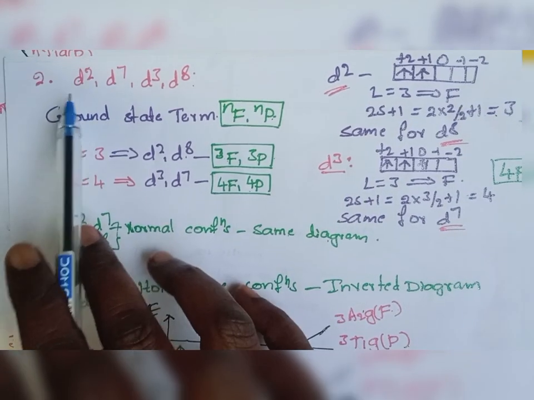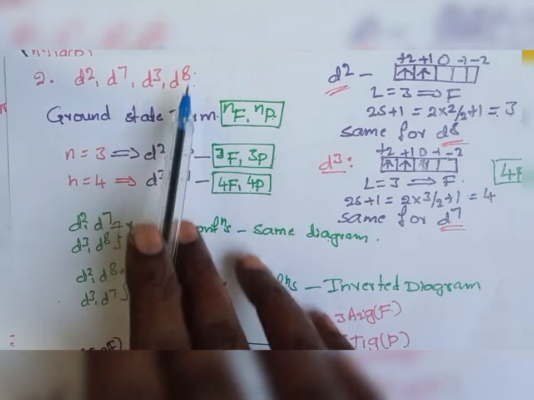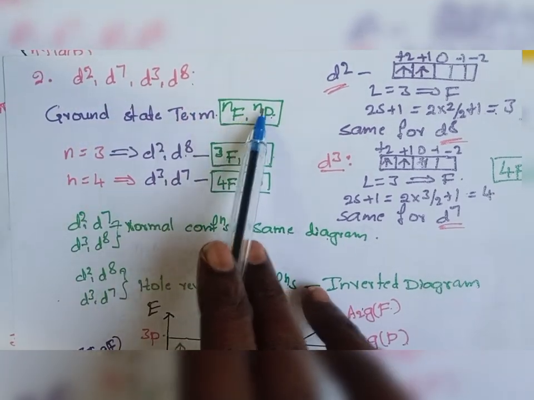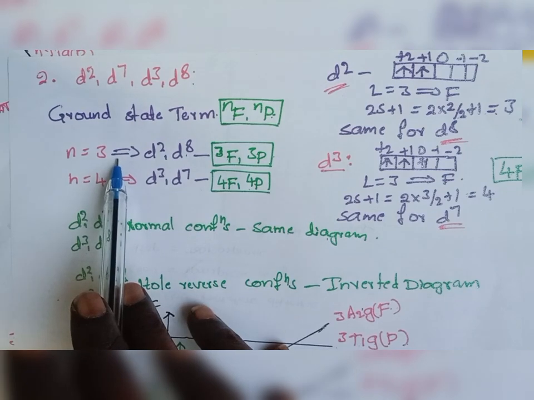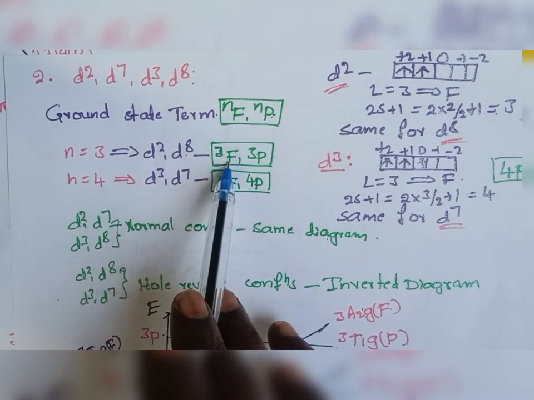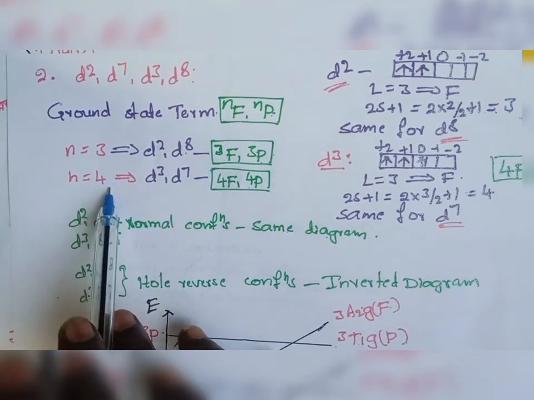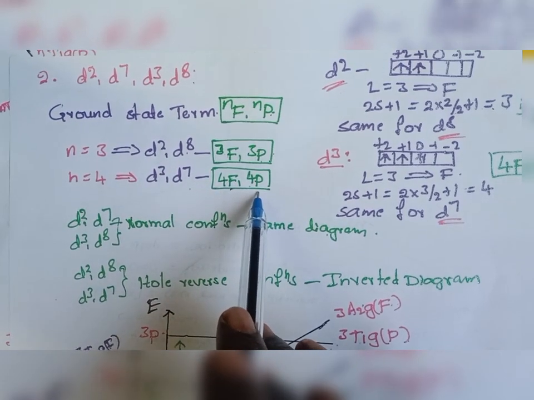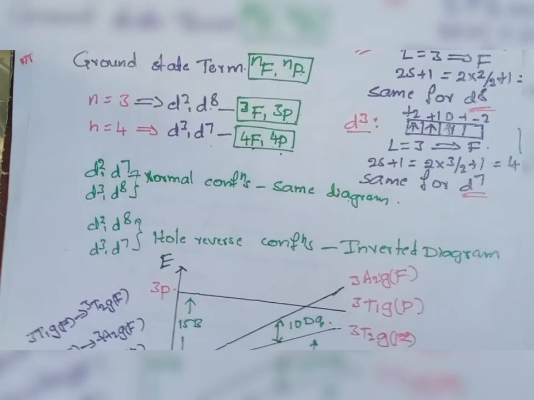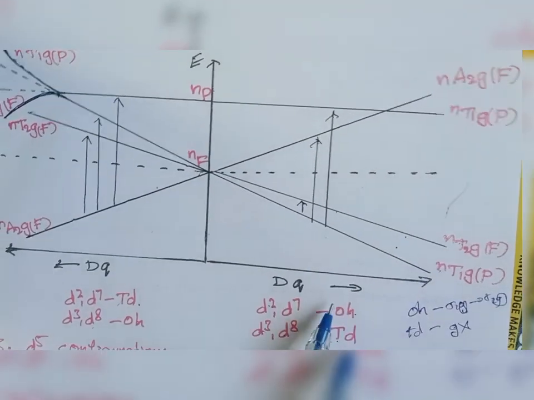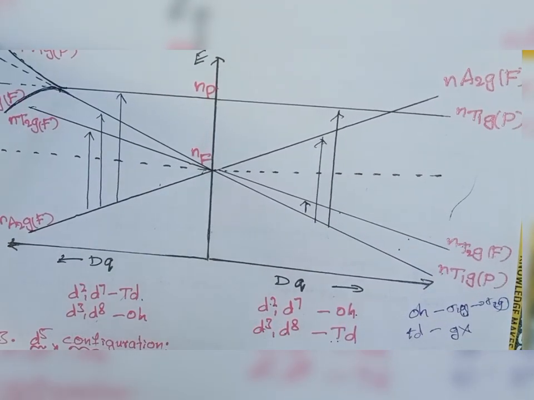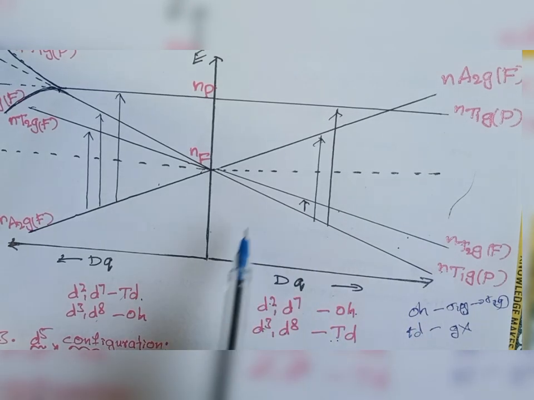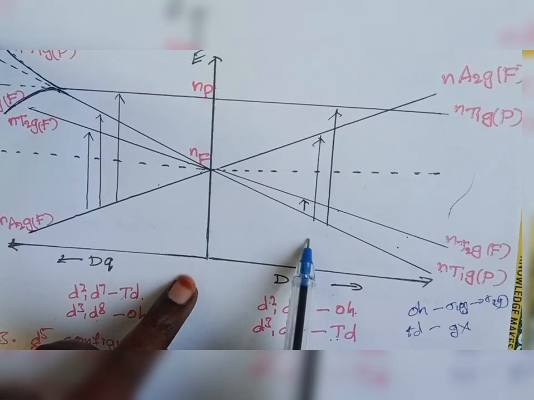The second set of electron configurations is d2, d7, d3, d8. The ground state term for all these four configurations is nF and nP, where n equals 3 for d2 and d8, triplet F and triplet P, and n equals 4 for d3 and d7, quartet F and quartet P. So this is the diagram for the d2, d7, d3, d8 configurations.